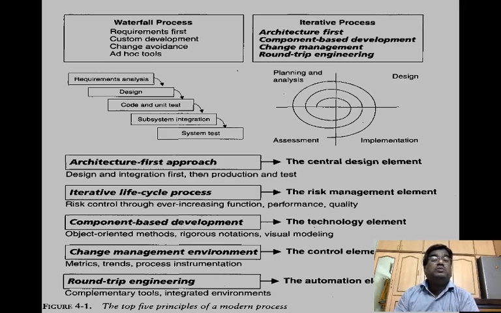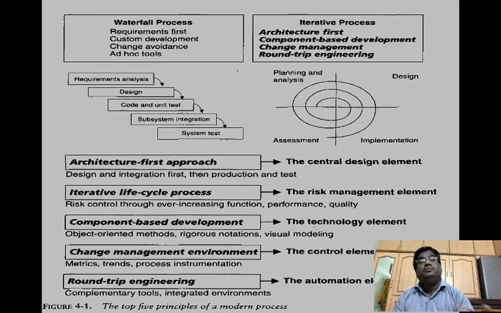The iterative process model follows 5 principles: architecture first, iterative life cycle process, component based development, change management environment, and round trip engineering. You should remember these 5, like the phases of the waterfall model. In the waterfall model, everybody knows: requirements analysis, design, coding and unit test, subsystem integration, and system testing.